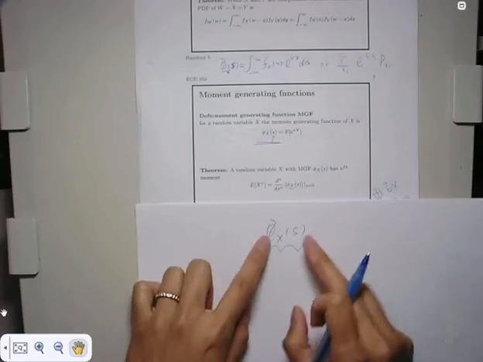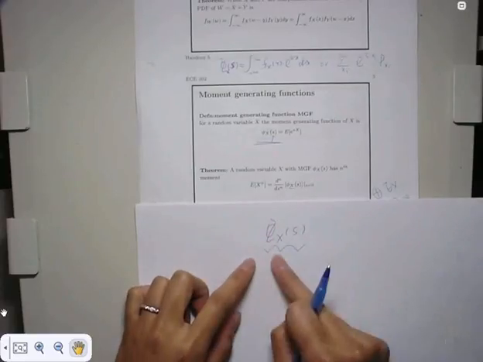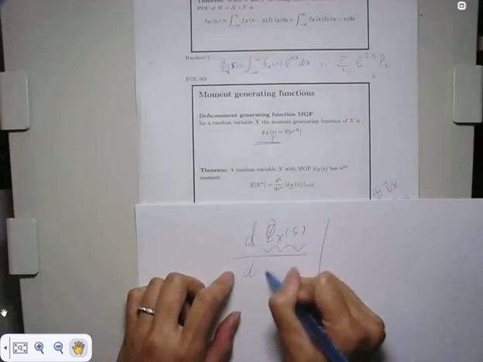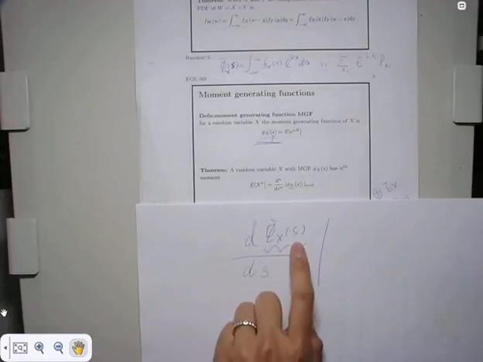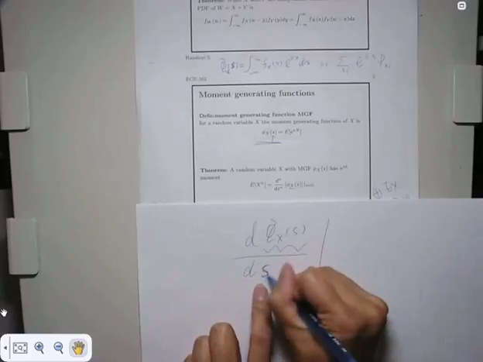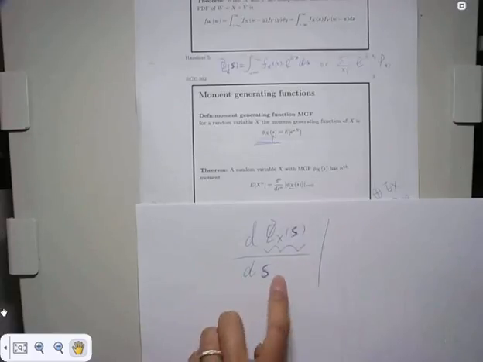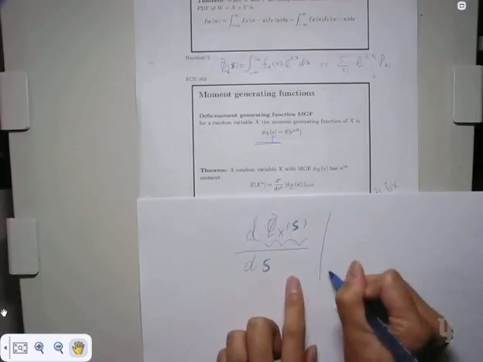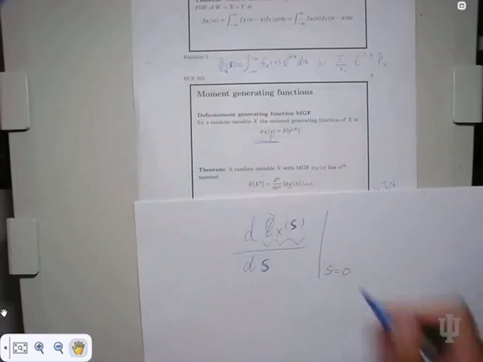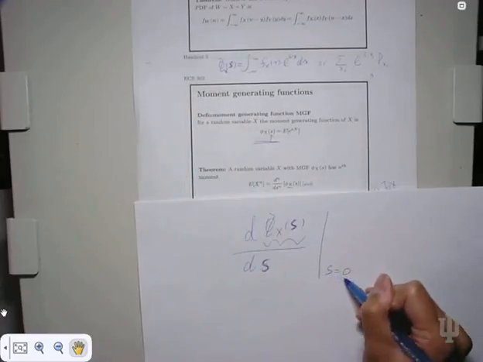You first do the derivative of this, and remember it's a function of variable s, so you need to do the derivative for s, right? Did I say s or x? S here. And first do the derivative, then let s take value 0.